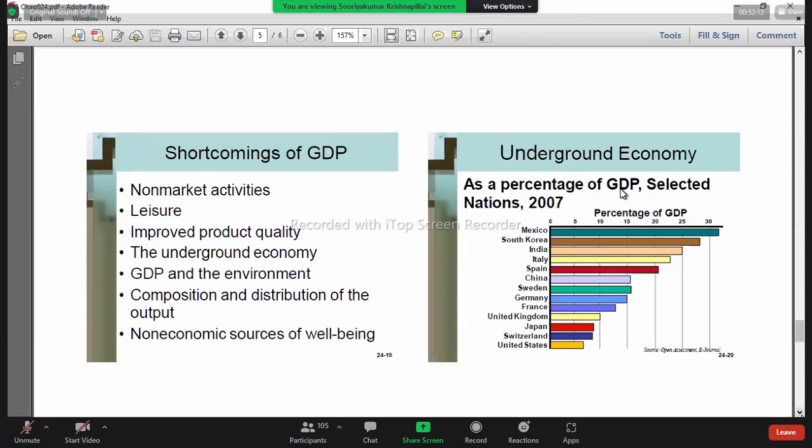And there is a relationship between GDP and the environment. We cannot say that because production increases, the well-being of the people will increase. When we produce something, there is a byproduct. That waste pollutes the environment. When we produce more and more, we pollute the environment also, because any product has waste. So the environment is getting polluted.